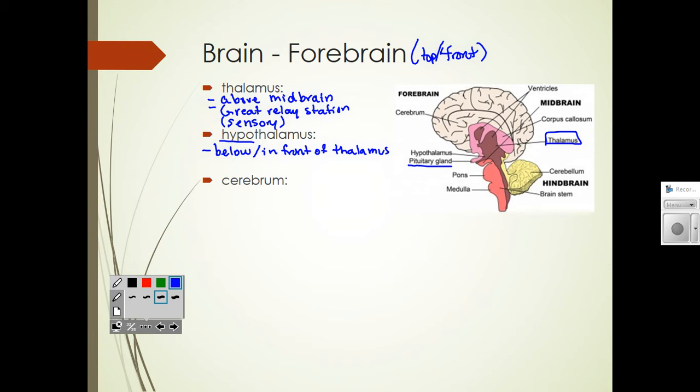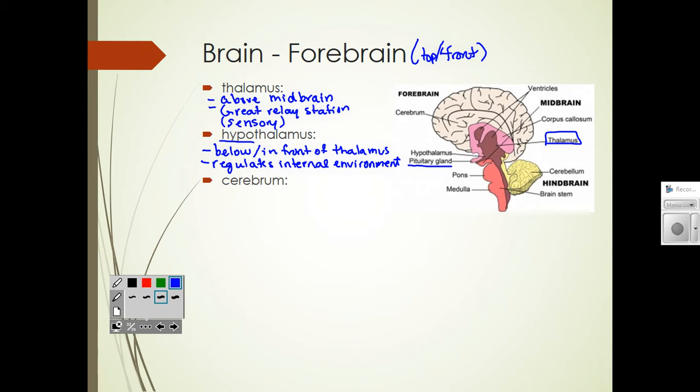The hypothalamus regulates your internal environment. So if we think about your internal environment, we would be talking about things like blood sugar, like levels of other things in your blood, like calcium, like metabolism.